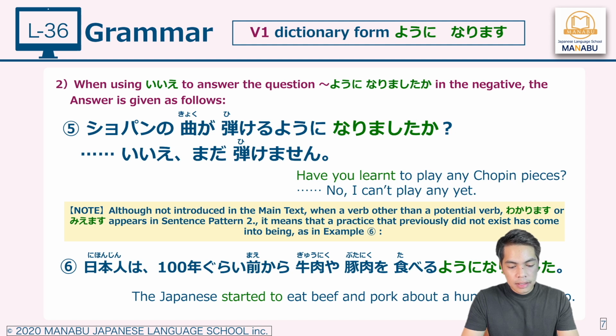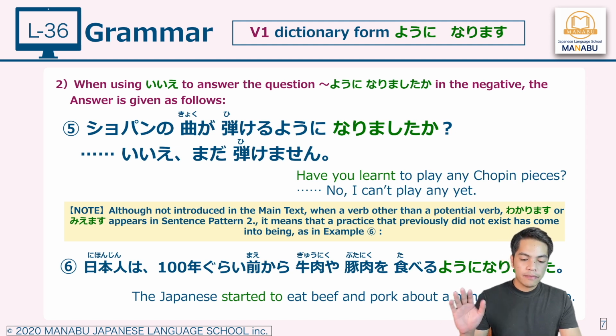So, although not introduced in the main text, when a verb other than a potential verb, wakarimasu or miemasu, appears in sentence 2, it means that a practice that previously did not exist has come into being, as in example number 6. So this is also a change of state. Before, you were not doing a specific action, but now you are doing something, just like in example number 6.